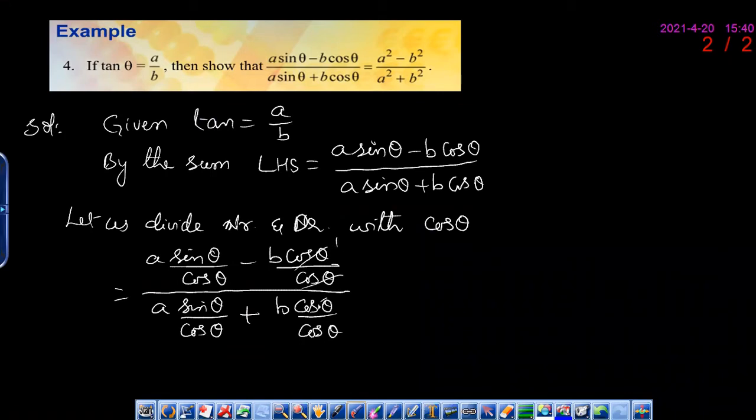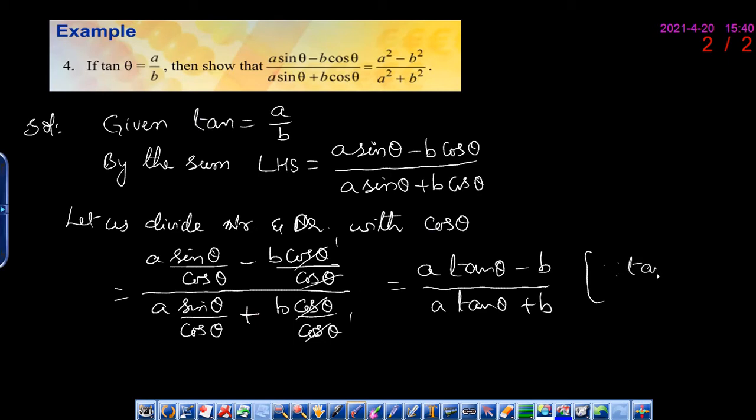Cos theta gets cancelled here, and we will get A into tan theta minus B by A into tan theta plus B. In my previous video, in my session 1, I have explained that tan theta is equal to sine theta by cos theta. So substitute sine theta upon cos theta with tan theta.